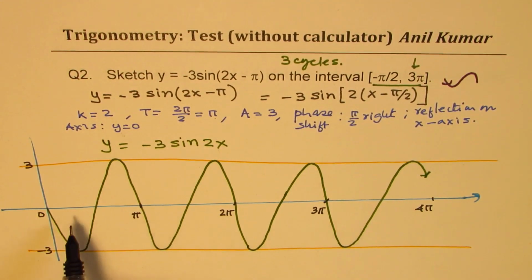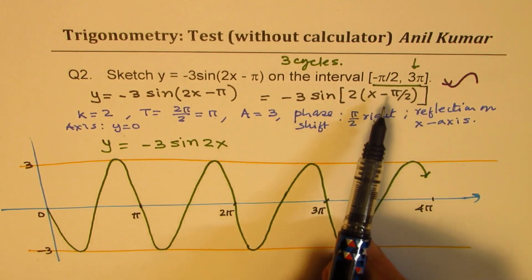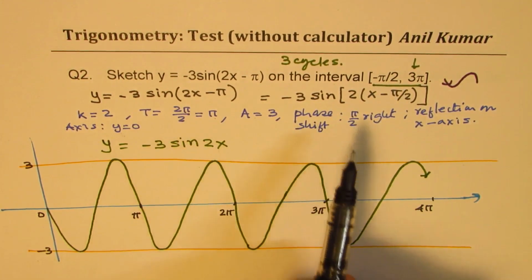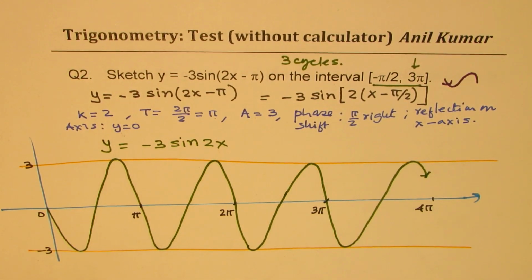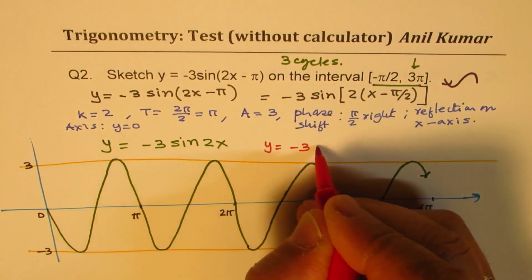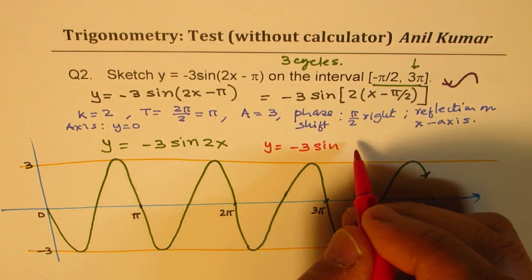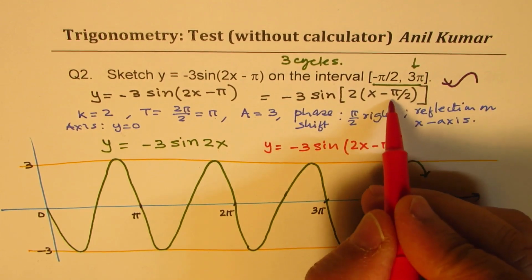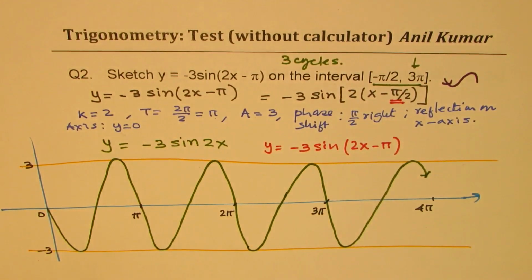We need to sketch from minus pi by 2, and also we have a shift of pi by 2 to the right. So let me now incorporate the shift, and sketch y equals minus 3 sine of 2x minus pi, correct? I'm going to shift everything pi by 2 to the right.